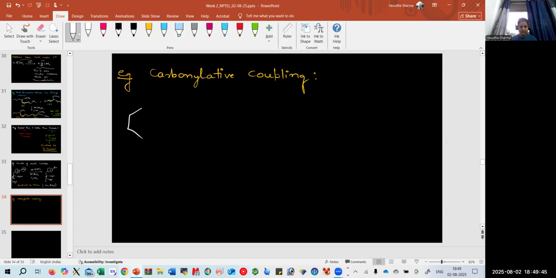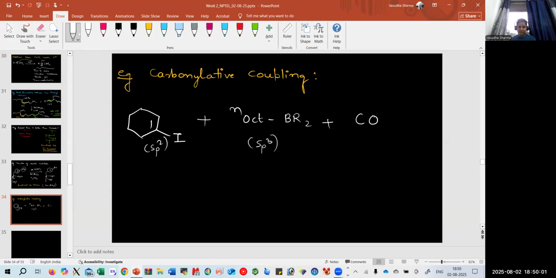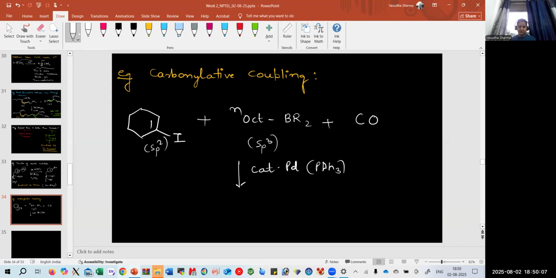We are starting with an aryl iodide and an sp3 bromide. This is a carbon which is N-octyl, so this is an sp3 group. This is your sp2, and we are treating it with carbon monoxide in the presence of palladium PPh3 4 and K3PO4, which is your base.